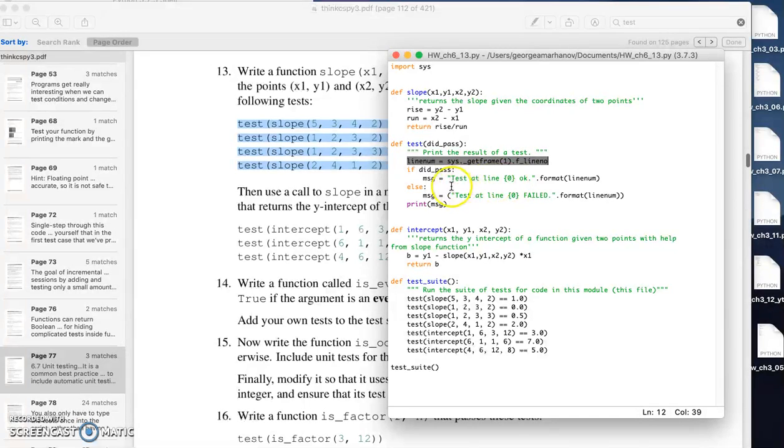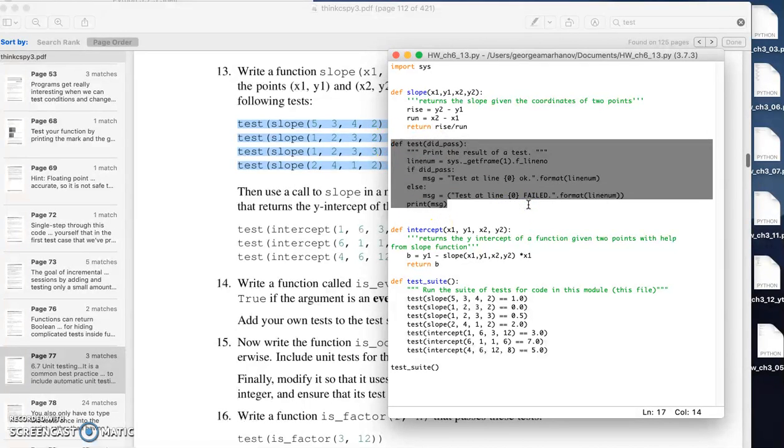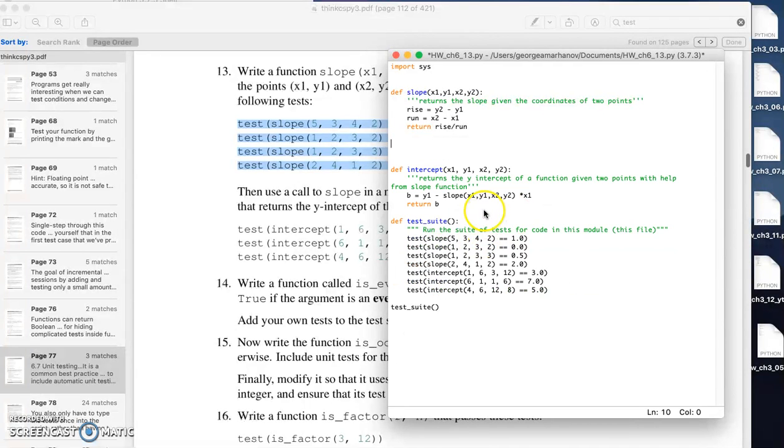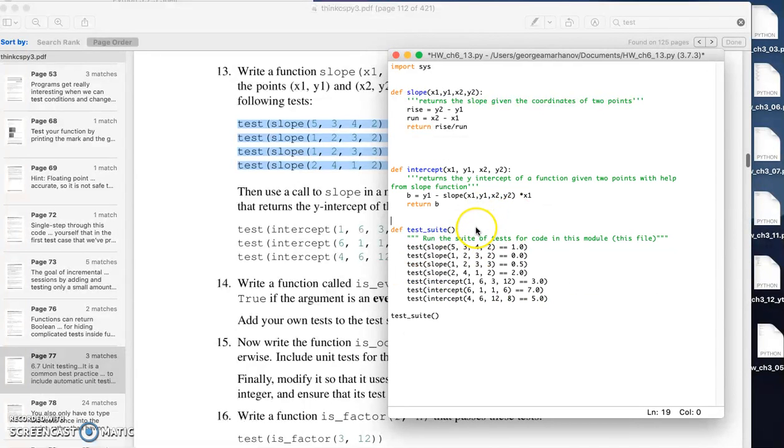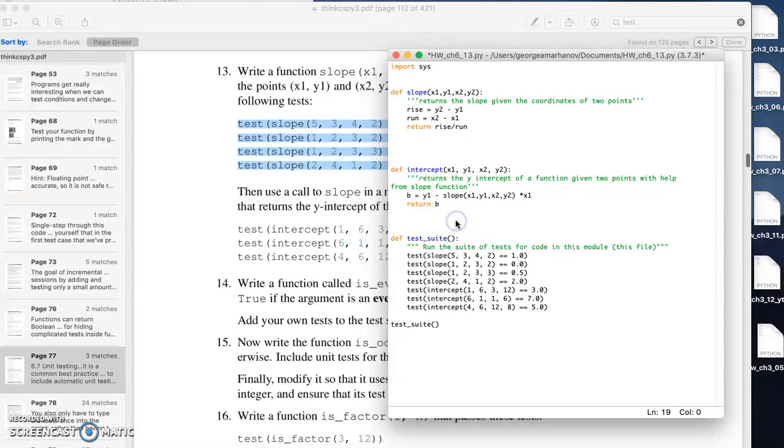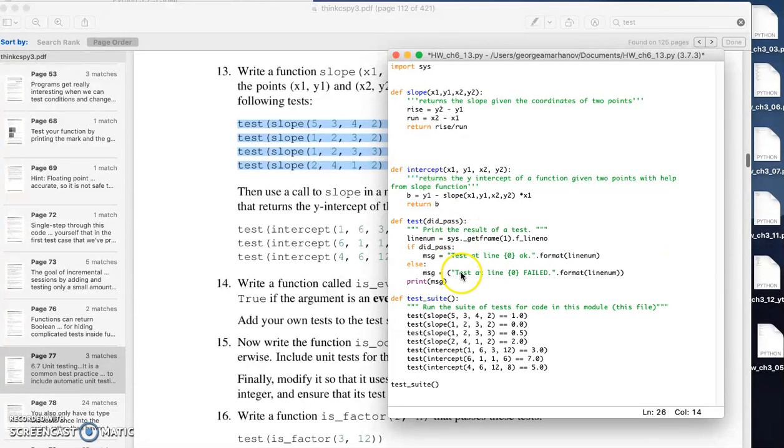If it doesn't pass the test, it's going to tell you it fails, and it'll tell you exactly what line it failed at. So that's very helpful. Let me just rearrange this so it makes a little bit more sense. There we go.